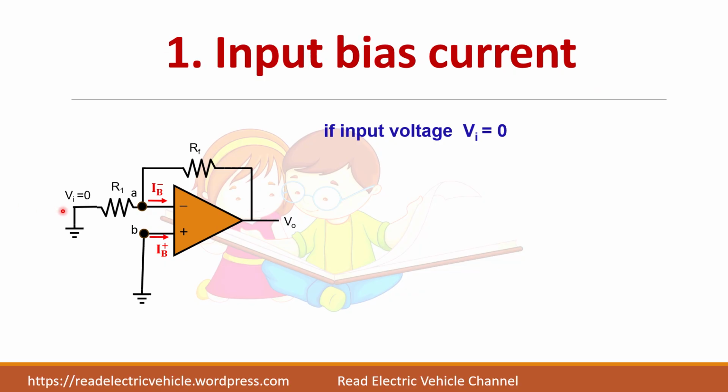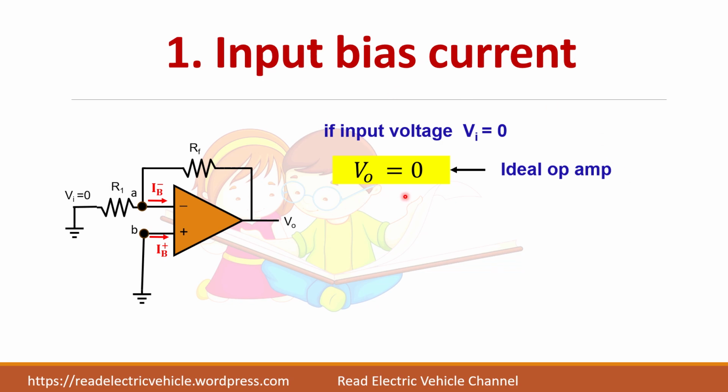Now, here you can see in this circuit, the input voltage is 0. That is, the inverting input is connected to ground and the non-inverting input is also connected to ground. So when the input voltage is 0, the output should be 0 in case of an ideal op-amp.